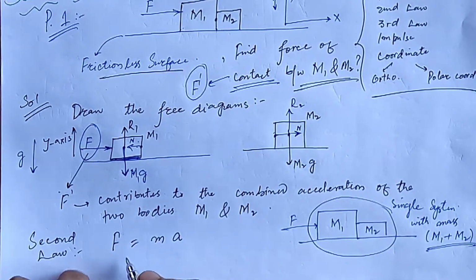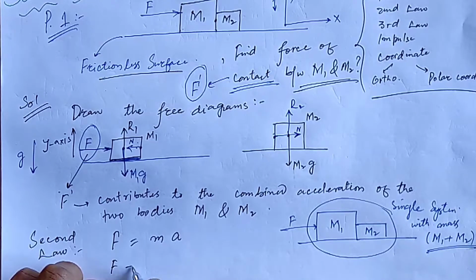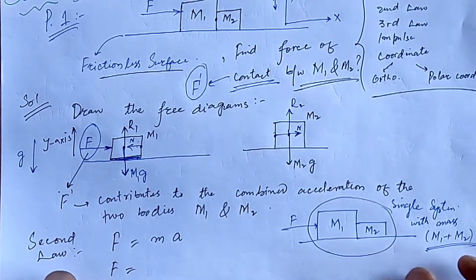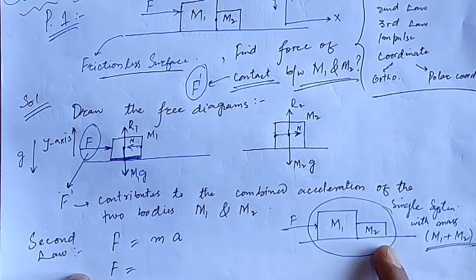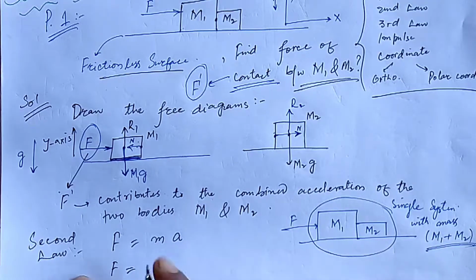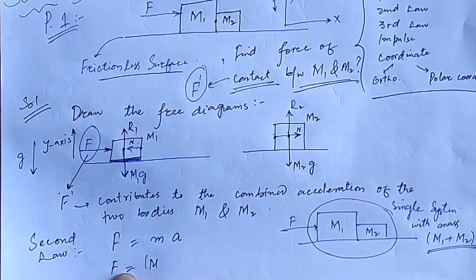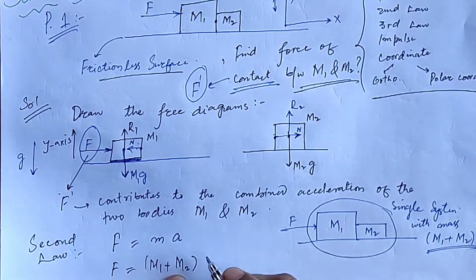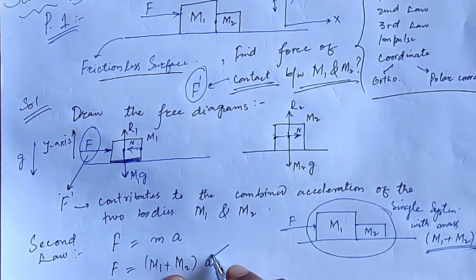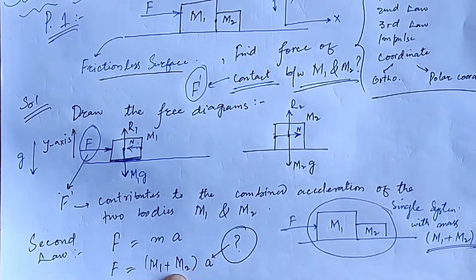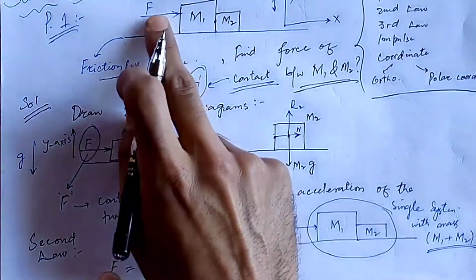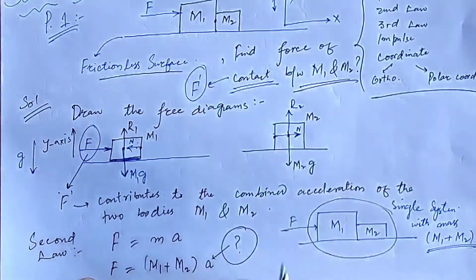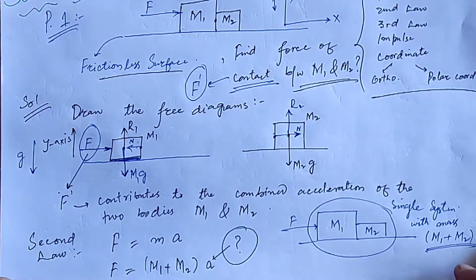So F will be equal to the mass of the system, the two bodies taken at a time, m1 plus m2, times the acceleration. The acceleration is unknown as yet, because the force is given in the problem as F and the masses of the two bodies are given, so we can calculate the acceleration.